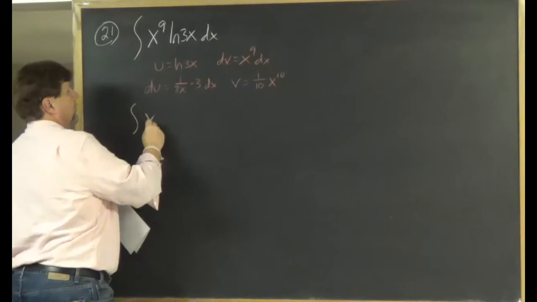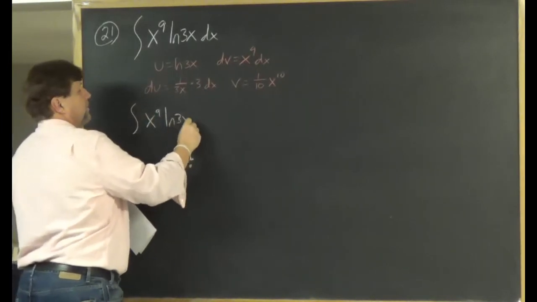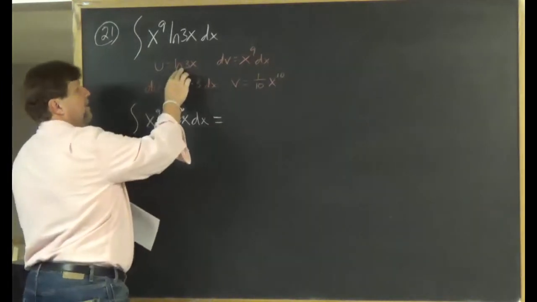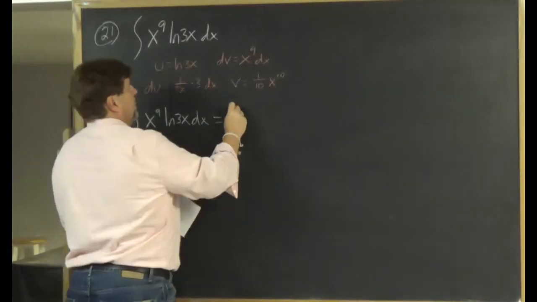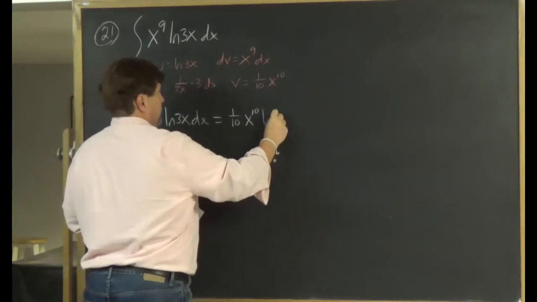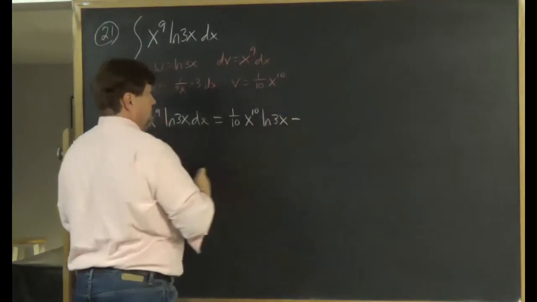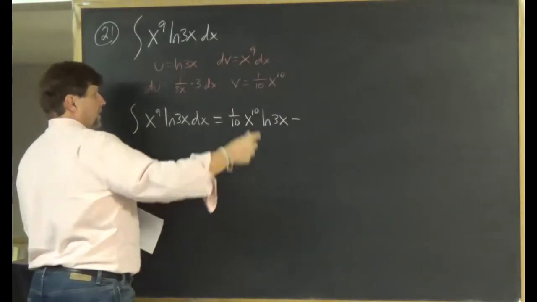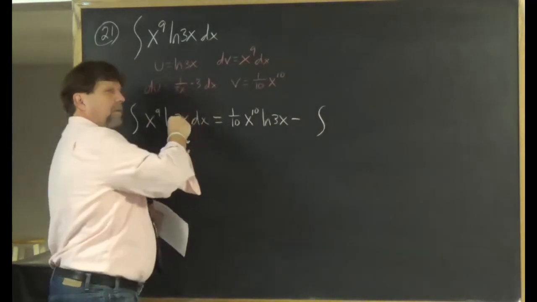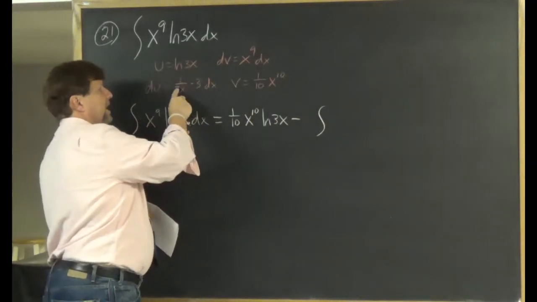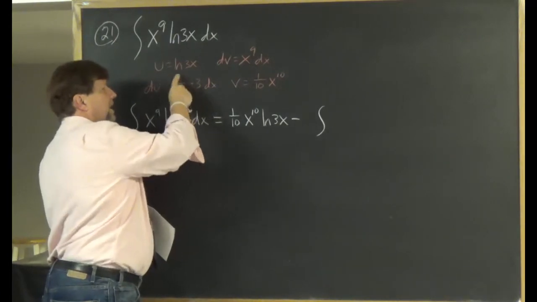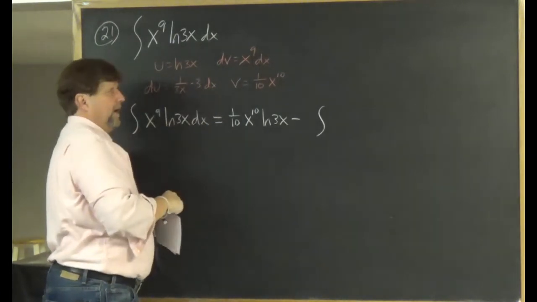So my integral x to the 9th, natural log 3x dx, when I crank it through integration by parts, I get u times v, so that's 1/10 x to the 10th, natural log 3x, minus the integral of v du. Well, first thing I'm going to notice is in my du, the 1 over 3x times 3 would simplify to 1 over x.